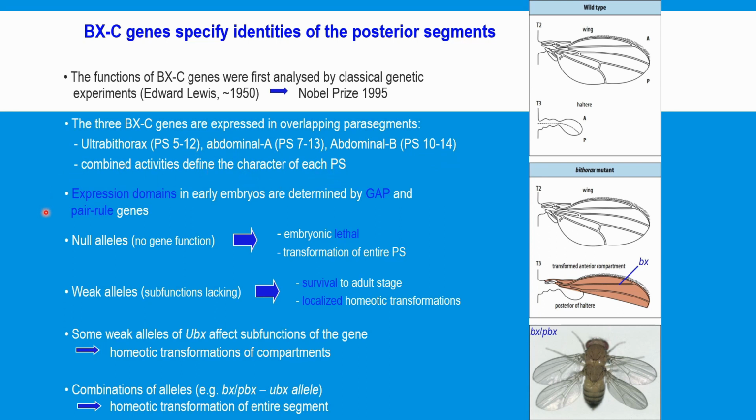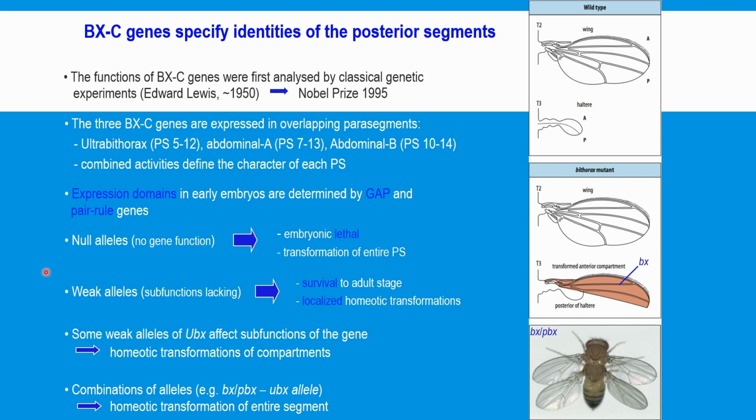The expression domains in the early embryos are determined by the gap and the pair rule genes, and he could see that null alleles, so mutations that cause no gene function, so no protein or functional protein produced, were embryonic lethal and had transformations of entire parasegments.